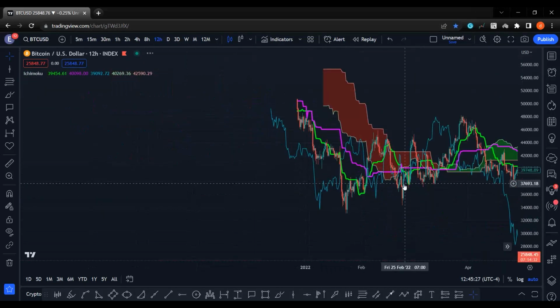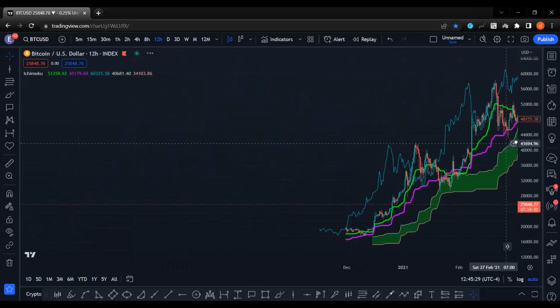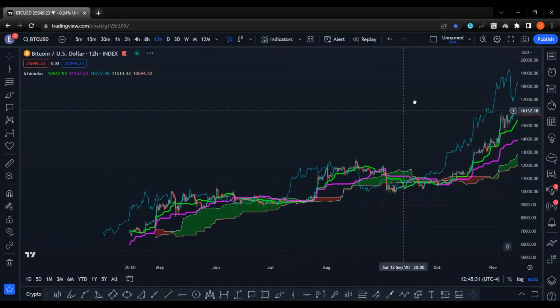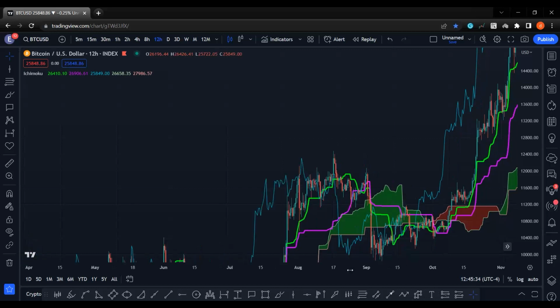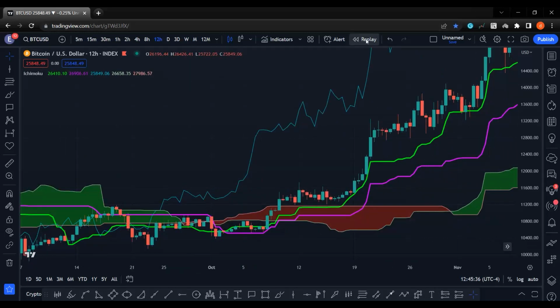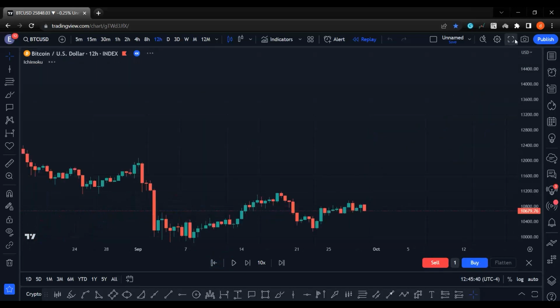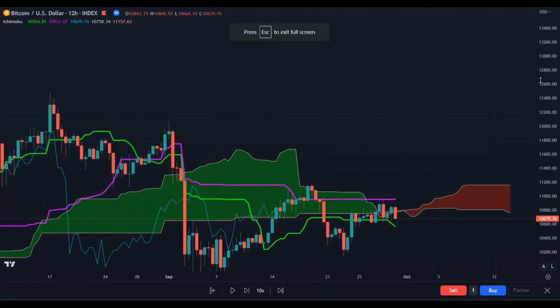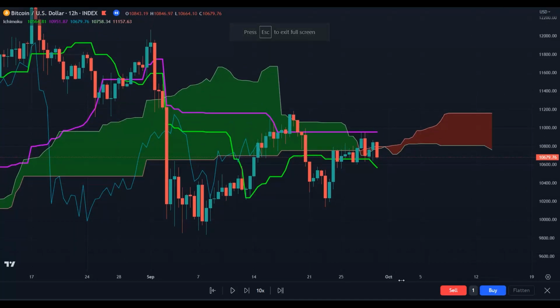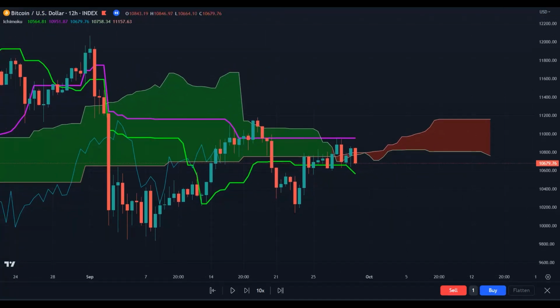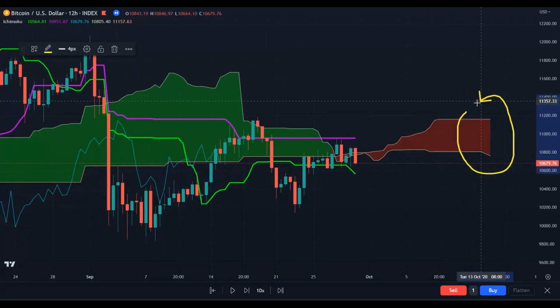I'm going to go back, for example, from here. I want to talk about what happened candle by candle. As you can see, the future Kumo cloud here is bearish.